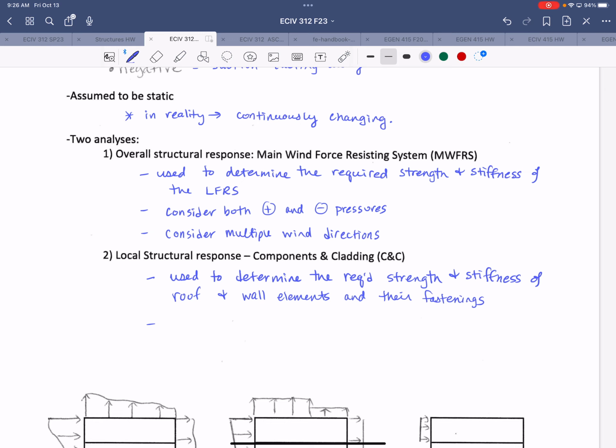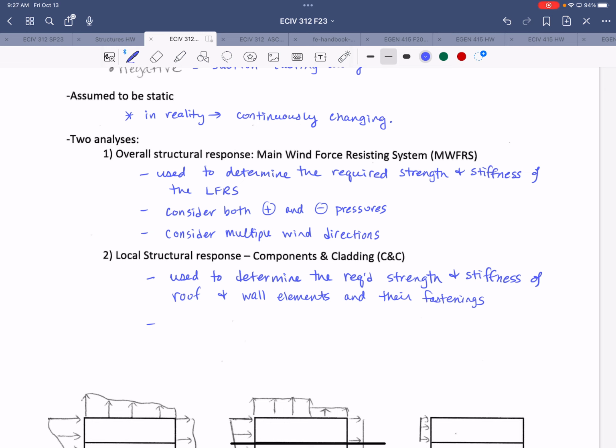And so because of that, the pressures that we use to design these components and cladding elements are typically higher than the pressures we use to design the main wind force resisting system and the lateral force resisting systems. The reason for that is because we don't want those components and claddings to fail, right?